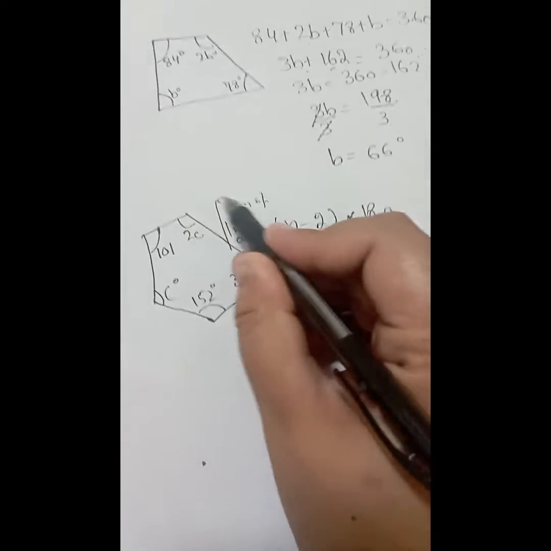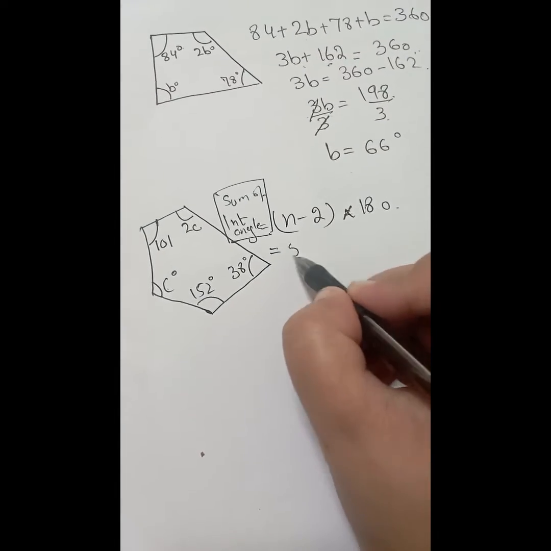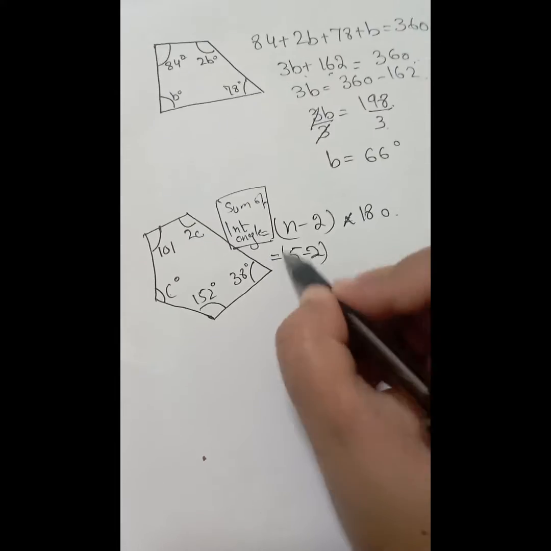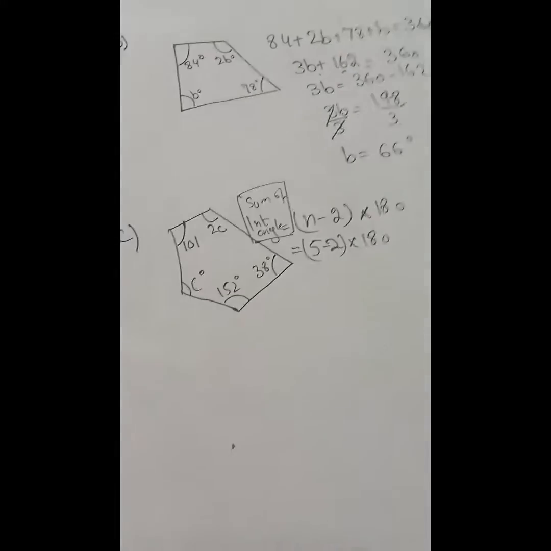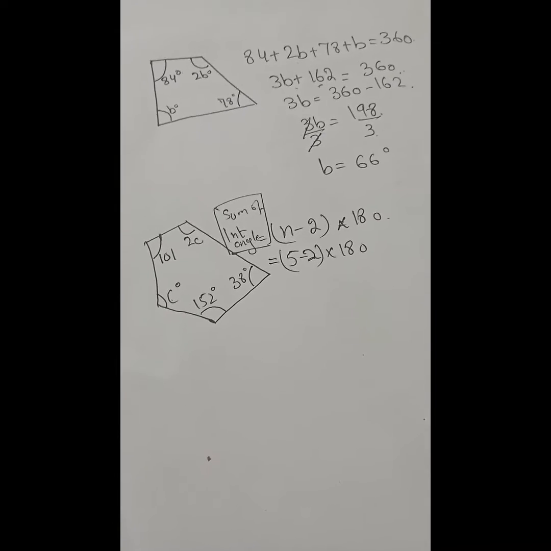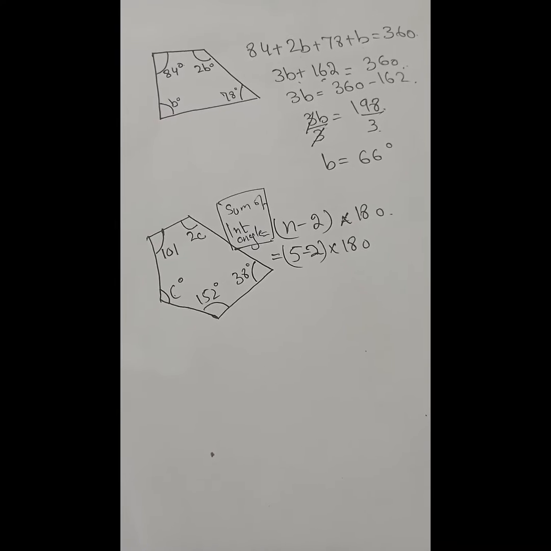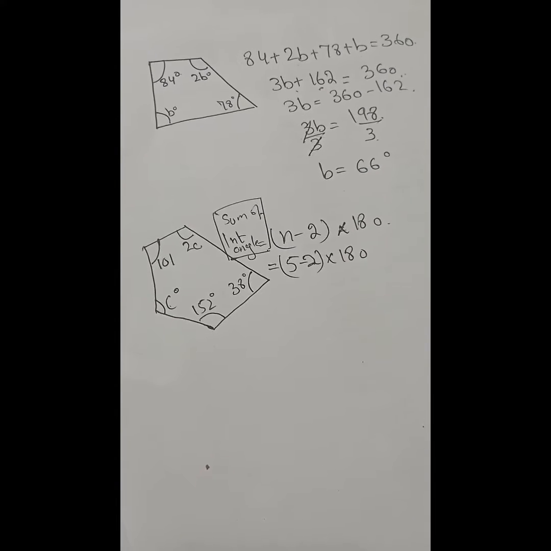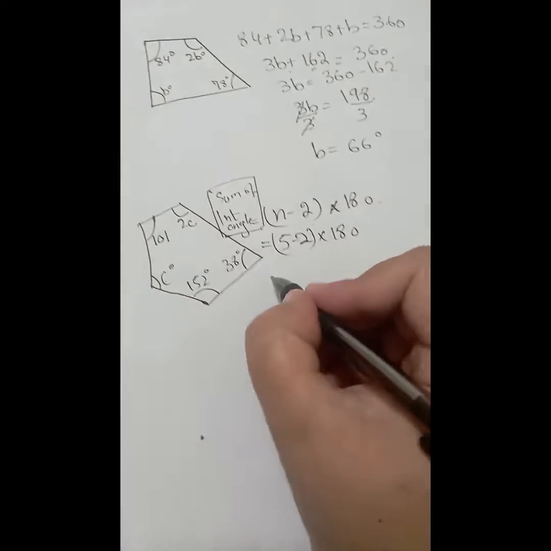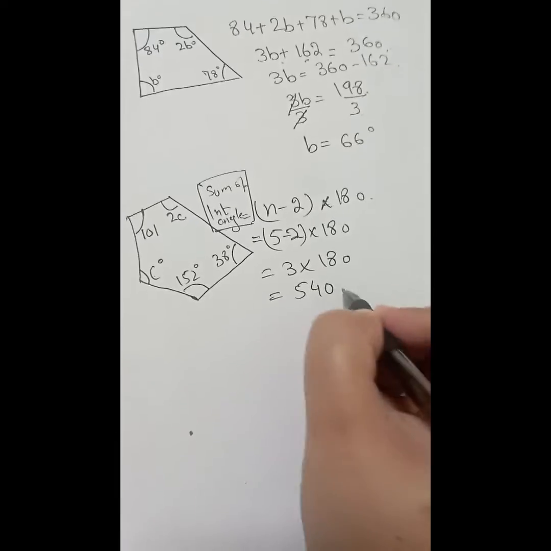Now let's calculate it. This is going to be 5 minus 2 times 180. We know that 5 minus 2 is 3, so 3 times 180 gives us 540.